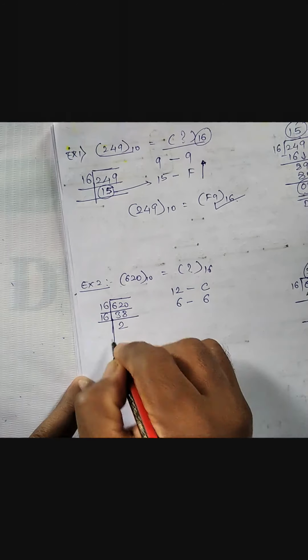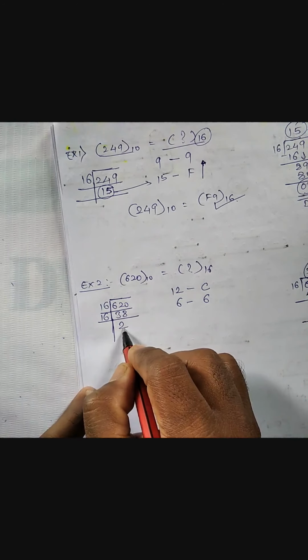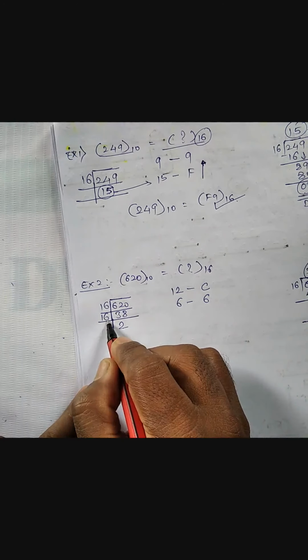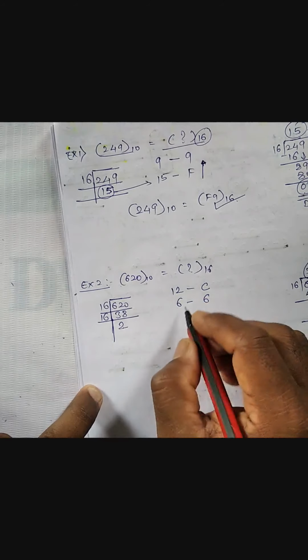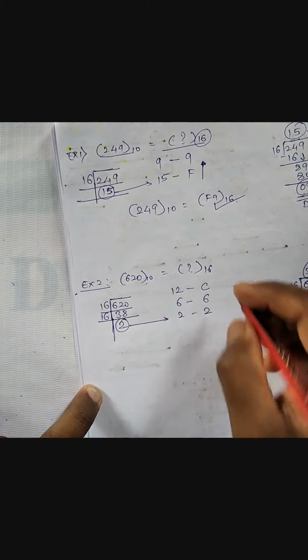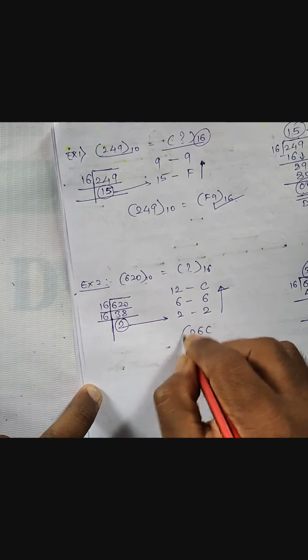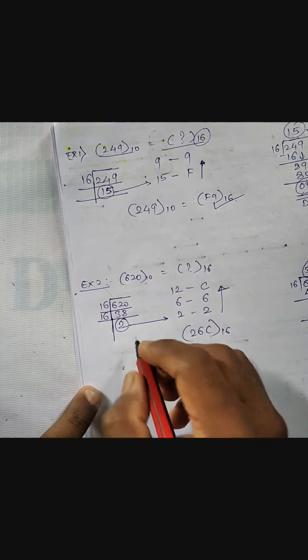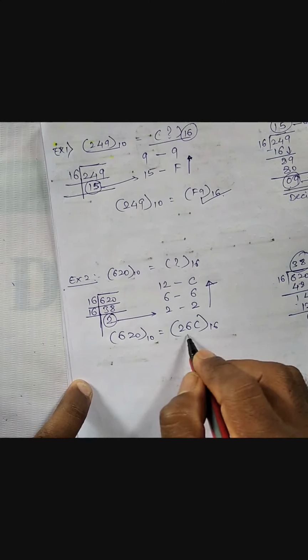I take this quotient here. Now, is this 2 further divisible by 16 or is it greater than 16? In both cases it is not. So I take this 2 here, going this way. So it is 26C. So 620, a decimal number, has its equivalent as 26C.